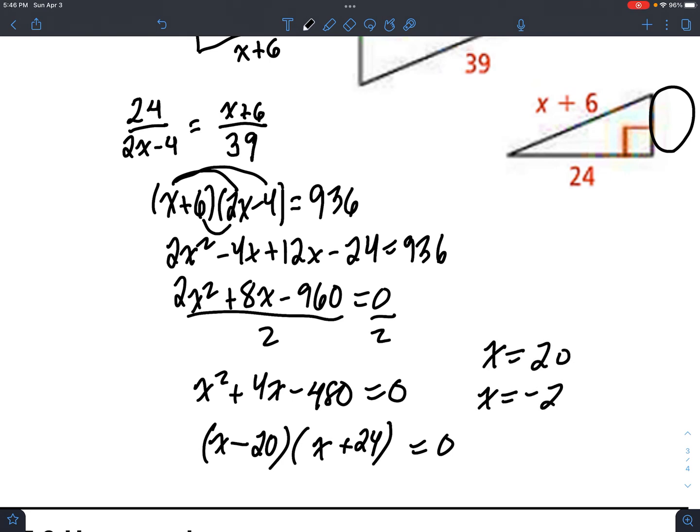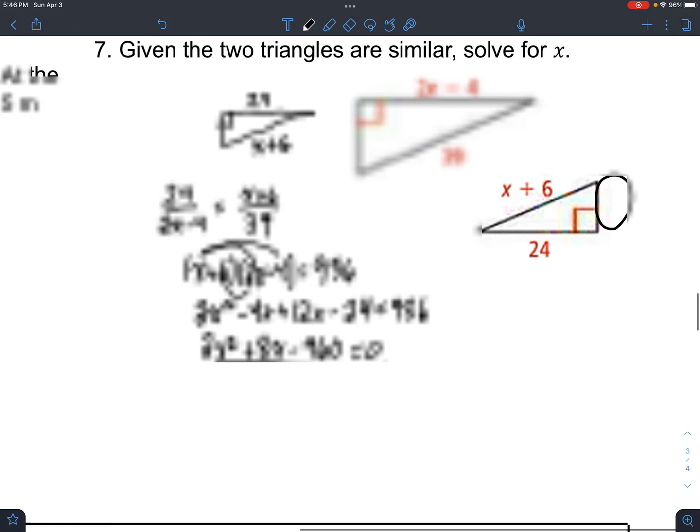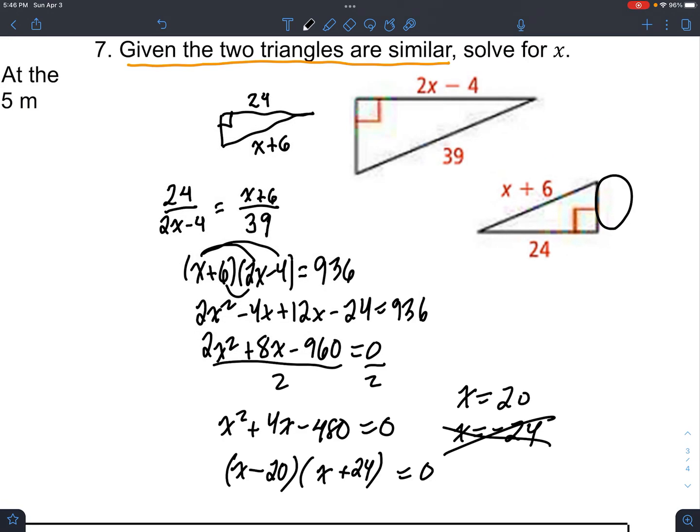So x is 20 and x is minus 24. But this doesn't make any sense when we're dealing with lengths, especially since one of the sides is x plus 6. So there you have it. That was the answer. Tricky one. We had to pull back factoring, but it's good to take a look at that.